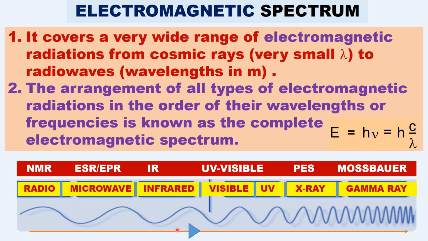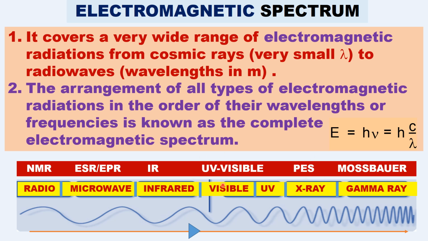There are 6 types of electromagnetic radiations that give 6 types of spectra. They are gamma ray spectroscopy, that is called Mossbauer spectra. Mossbauer spectra occurs due to gamma ray radiation absorption. Similarly, photoelectron spectroscopy occurs due to X-ray electromagnetic waves.